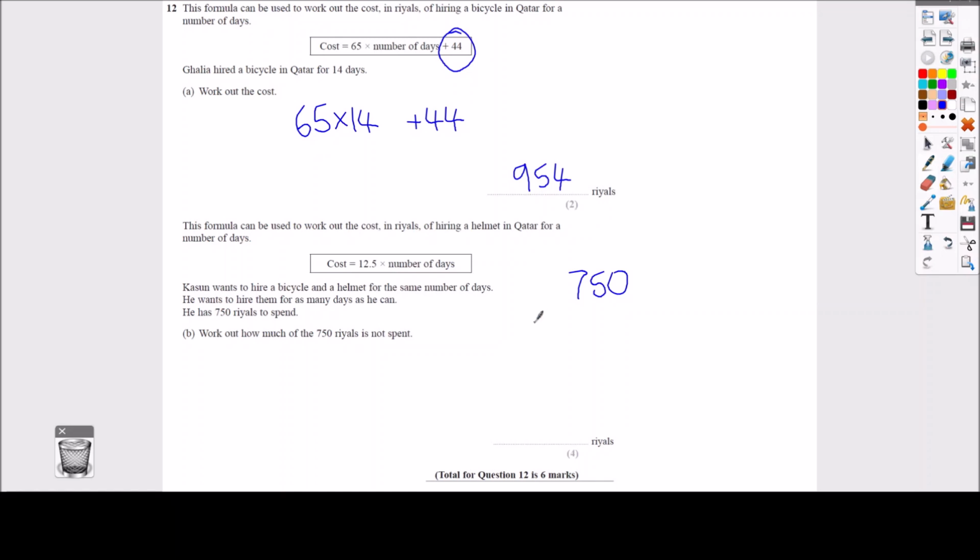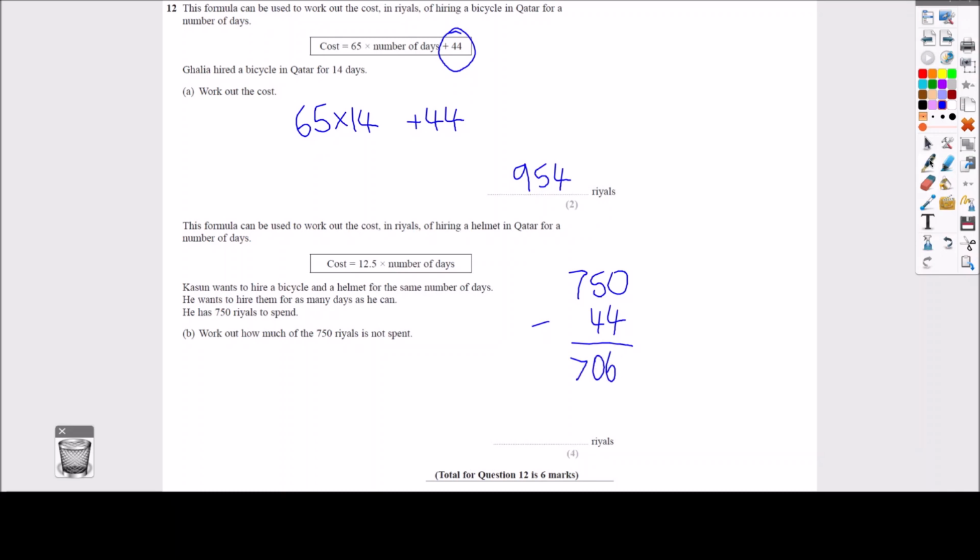So take off that 44 first because you're going to have to pay that. That's not dependent on the number of days. So 750 take away 44 is 706. So that's how much we've got to spend after we've taken out that 44.